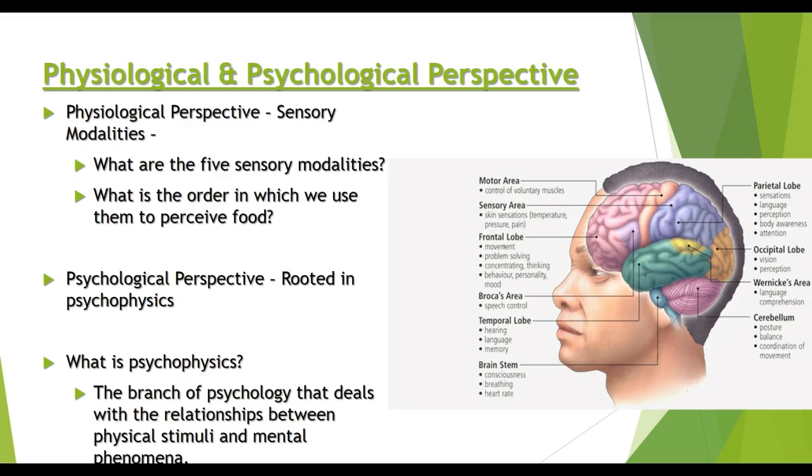Okay, so one of the things to think about is we've talked about the physiological perspective and the psychological perspective on collecting sensory data. When we think about the physiological perspective, we're talking about the sensory modalities, the five sensory modalities: seeing, hearing, tasting, smelling, and touch, with touch being the mechanical movements.